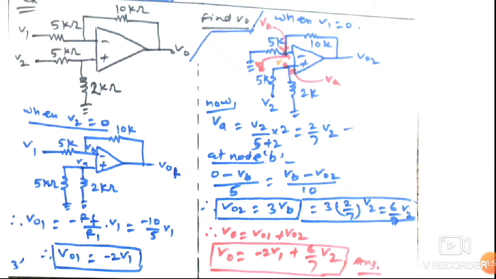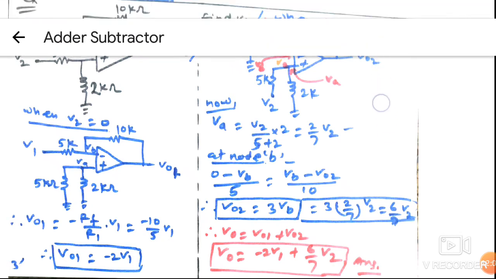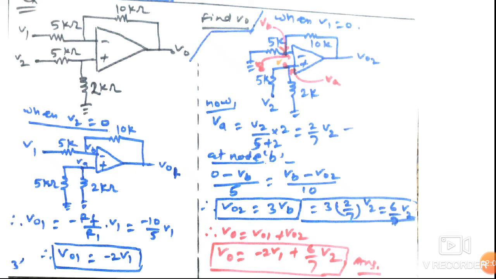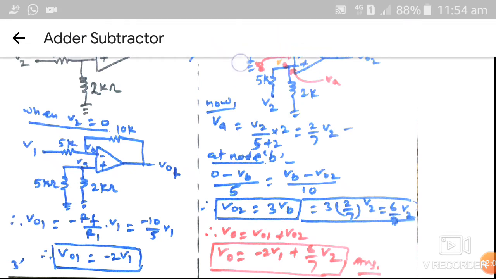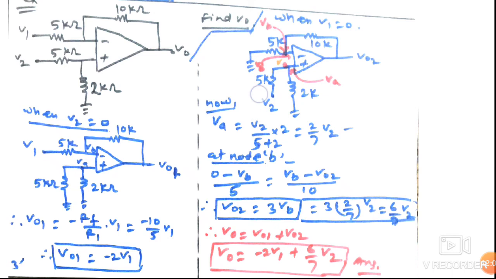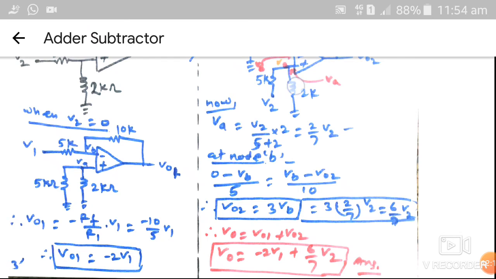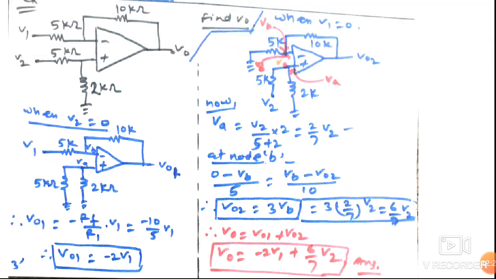Now when V1 is equal to 0, that is killing V1 and operating V2, in this case this potential is grounded. V2 is operating only and this terminal is grounded also. So from virtual ground we can say that VB is equal to VA, that is the potential of the inverting terminal is equal to the potential of the non-inverting terminal. To apply nodal analysis at the inverting terminal, we have to calculate the voltage at the non-inverting terminal, that is VA.